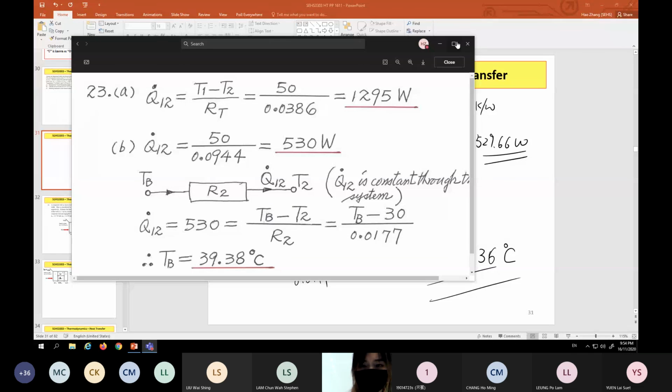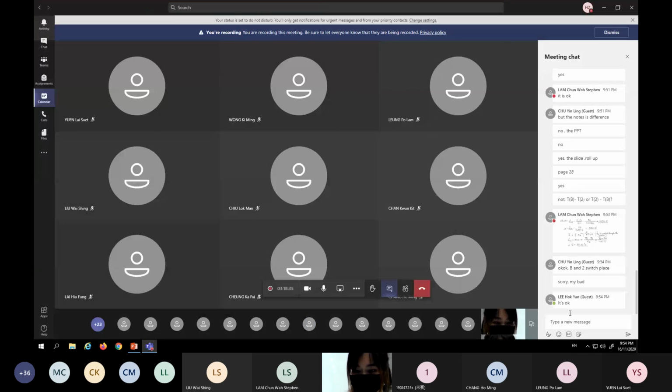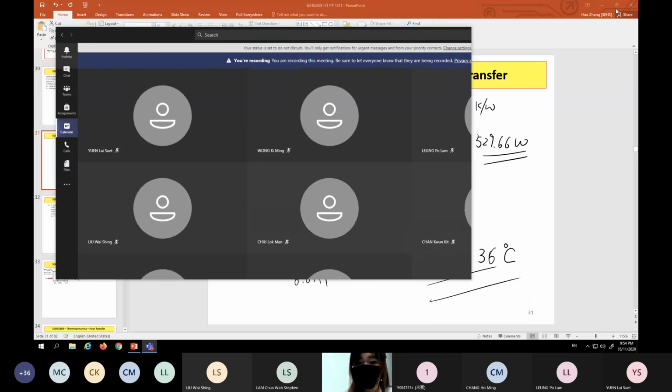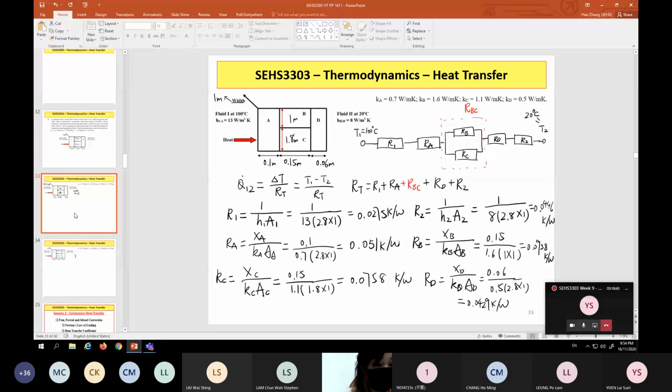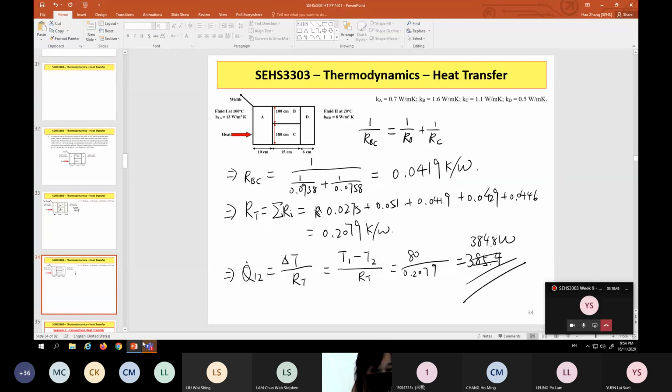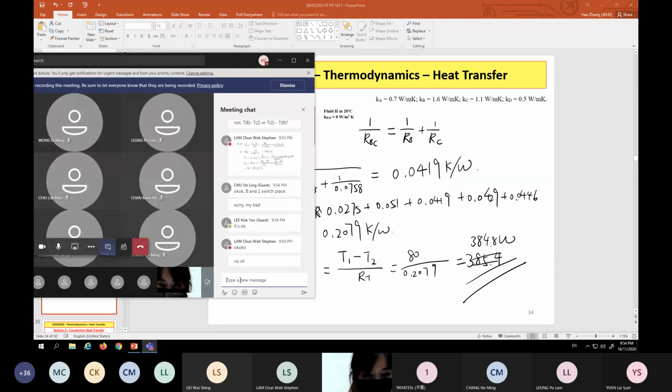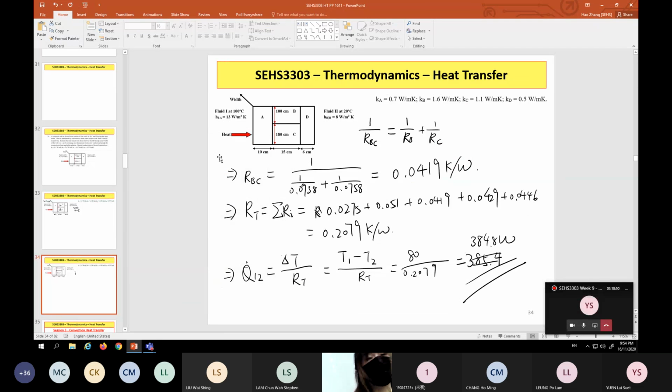How can I close this? Okay, it's okay. Okay, that's all for today. Any problems? Okay, no, good. So always remember to use a higher temperature minus the lower temperature, especially in the electricity analogy method.